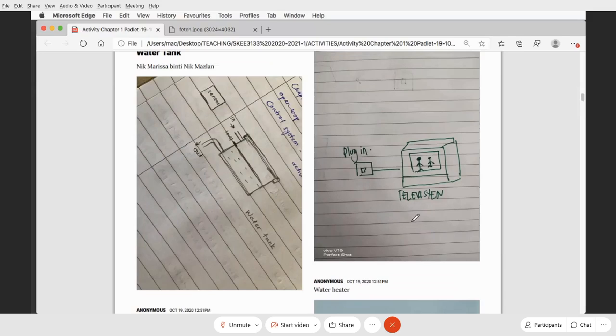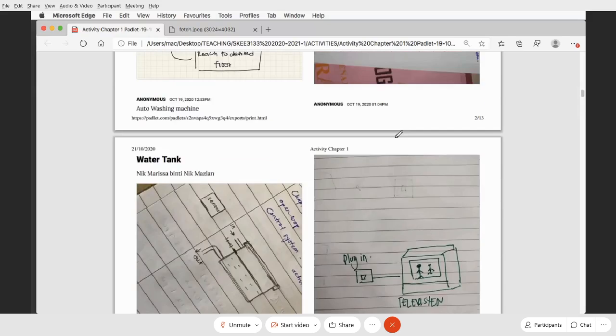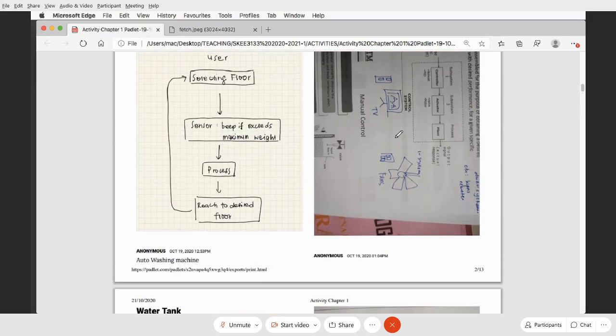Okay. So TV, what do you mean by TV? Television. You plug it in. You want to control the volume, or the brightness, or the combination of colors. So it depends, you choose one. The remote control is there.